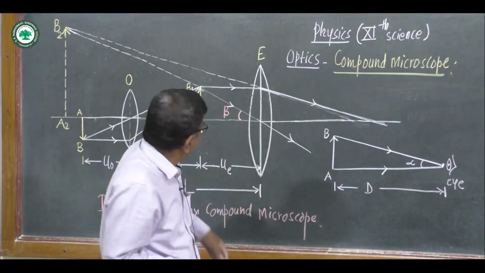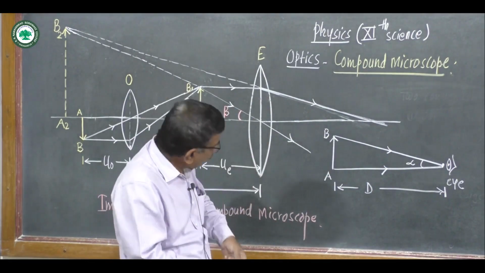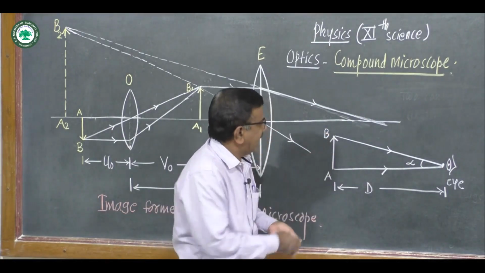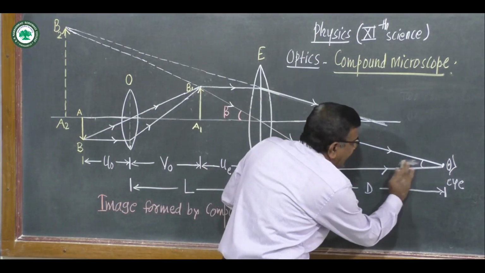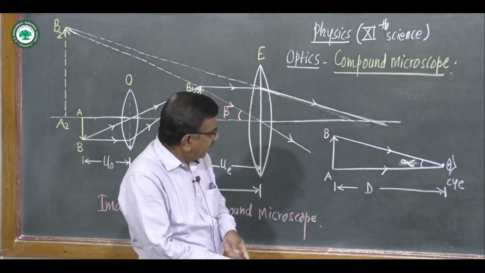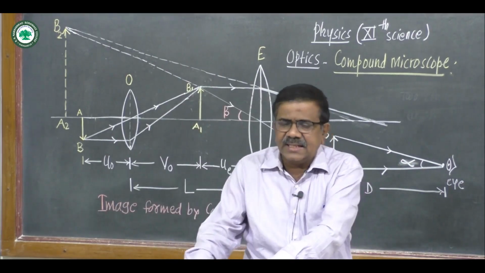We know the observed size is maximum at DDV, and the object subtends visual angle alpha at the eye if the object is at the distance of distinct vision.